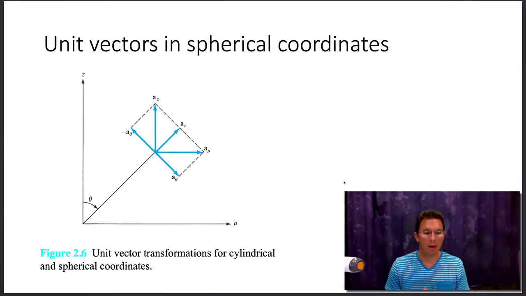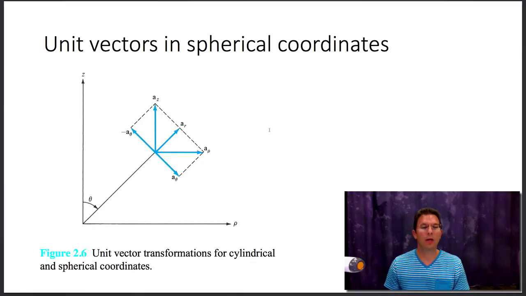Okay, well, just like before, we were talking about the relationship between the Cartesian unit vectors and the cylindrical unit vectors. You can see there's a relationship between the unit vectors in cylindrical coordinates and the unit vectors in spherical coordinates.